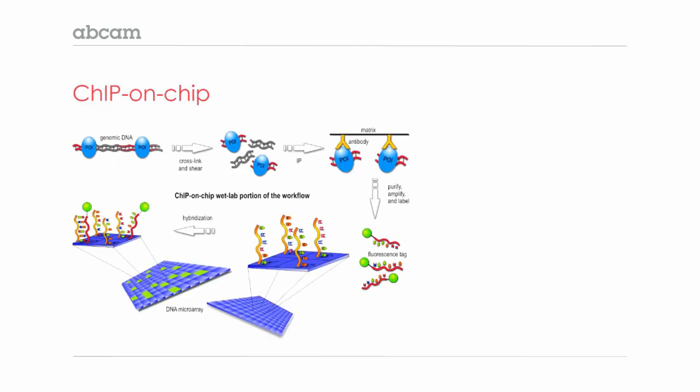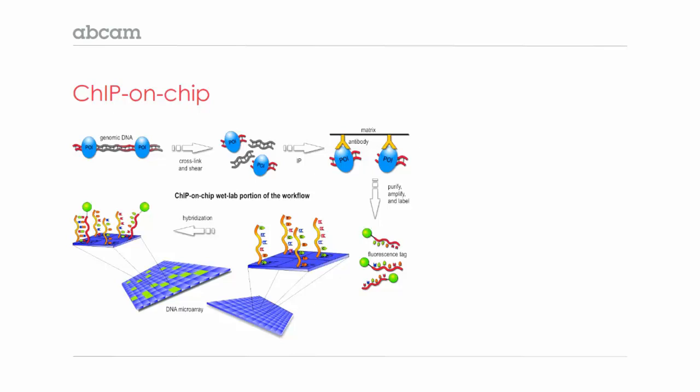In ChIP-on-chip, the ChIP procedure is carried out as it normally would be until after the DNA is purified. At this point, the immunoprecipitated DNA is amplified and labeled fluorescently. The input DNA is also amplified and labeled with a complementary fluorescent probe, and both sets of labeled DNA are combined and hybridized to microarrays corresponding to specific domains, loci of interest, or the whole genome.